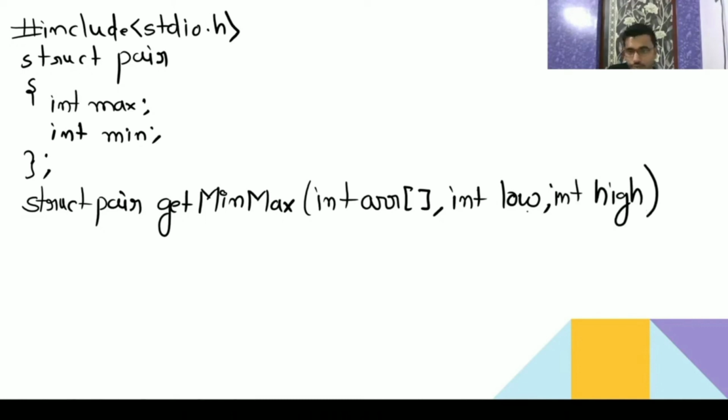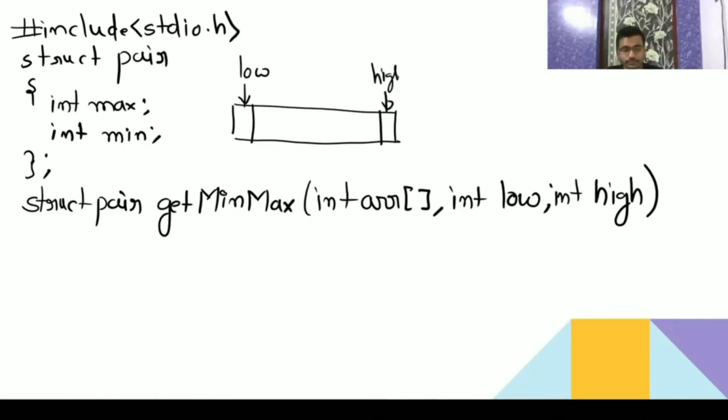Low is indicating the leftmost index, and high is indicating the rightmost index. So in this function, we have first given the array, then the low index and the high index.